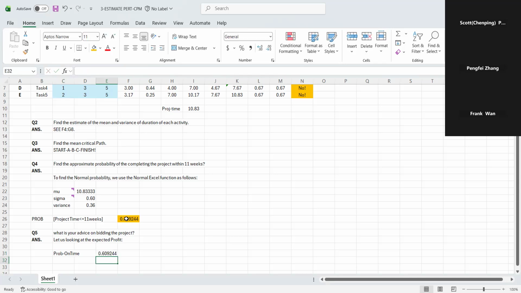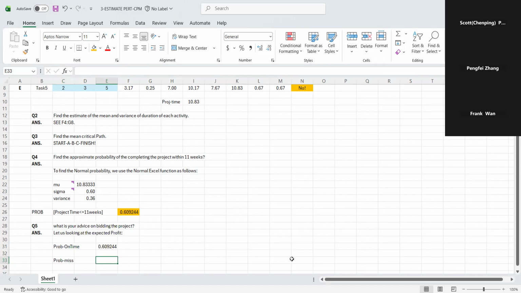And the probability of missing the schedule is 1 minus on time.